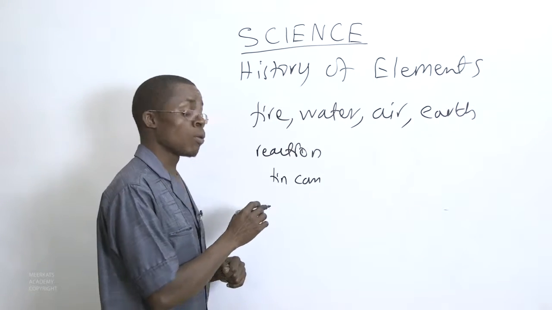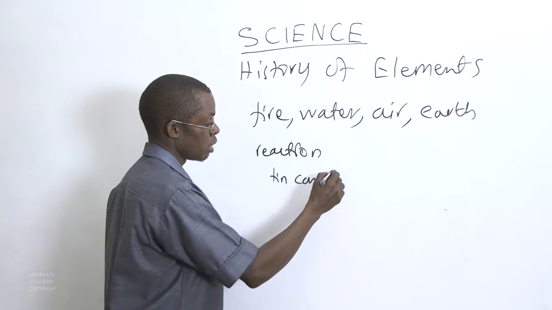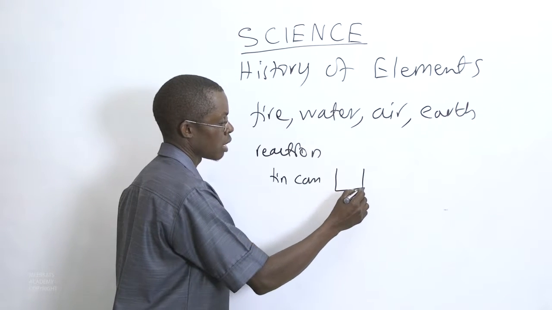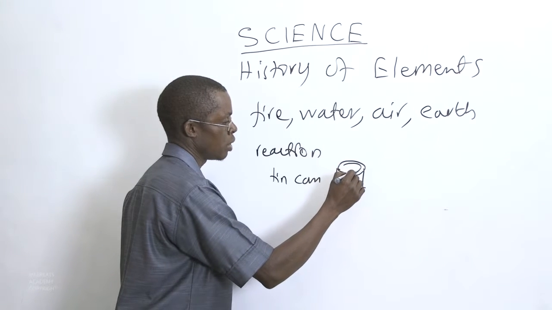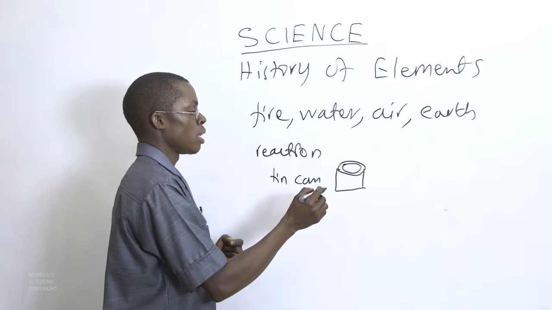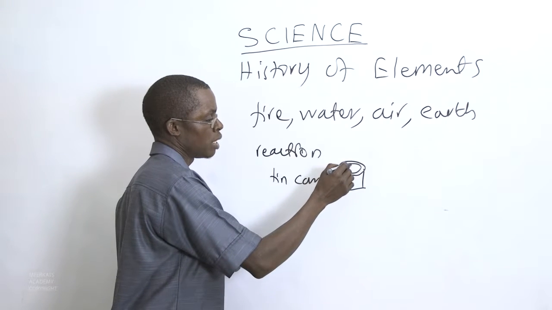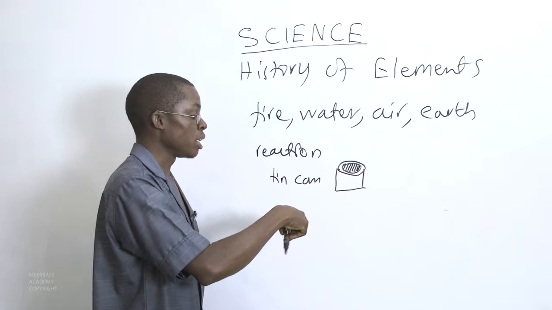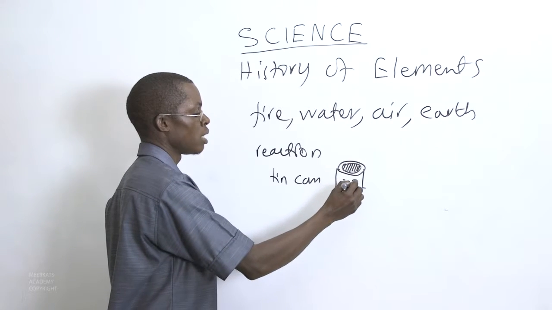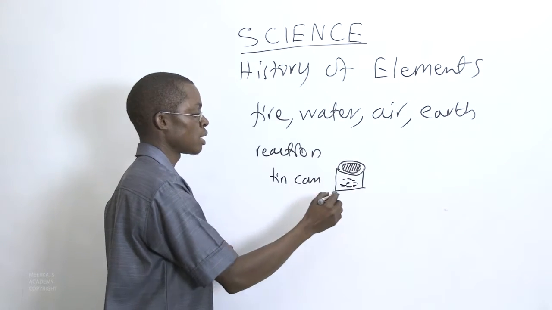And this tin can was closed. If you can have a container like this, maybe it is open, then you seal it, and you have something inside before sealing. So inside here we have something, and that is tin.